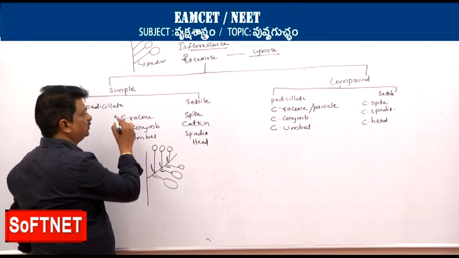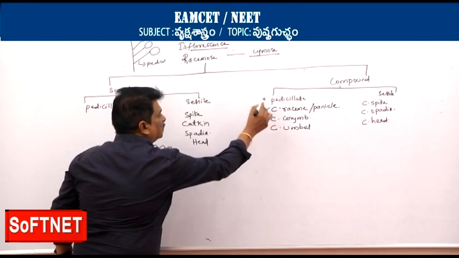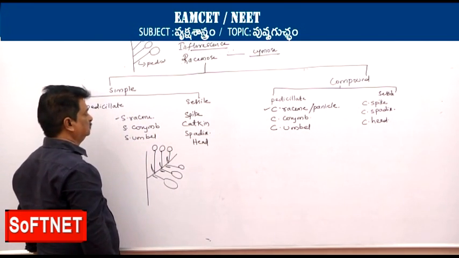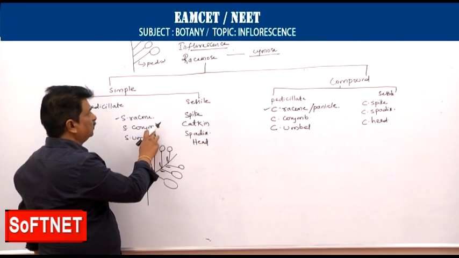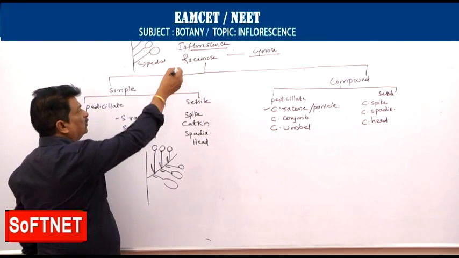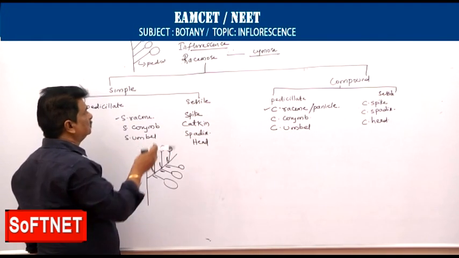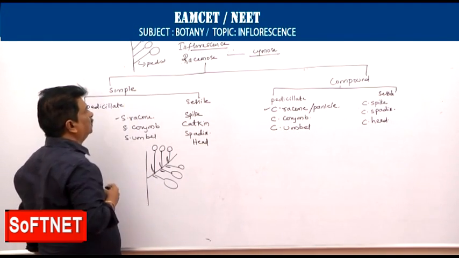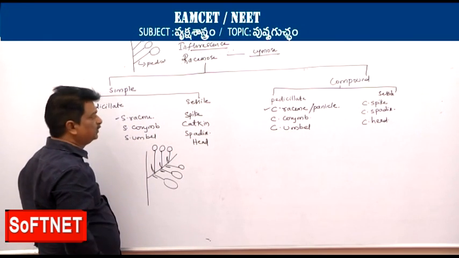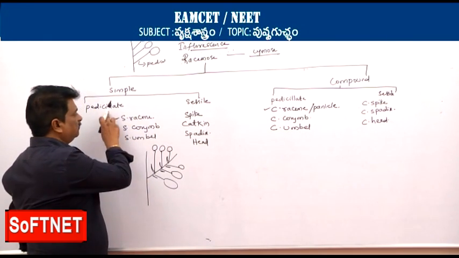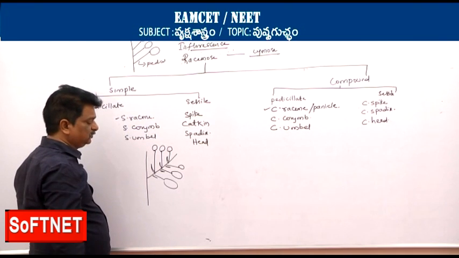So this is simple raceme and compound raceme. Next one, simple corymb. Simple corymb has the same characters: the peduncle is unbranched, the peduncle grows indefinitely, and the flowers are pedicellate.